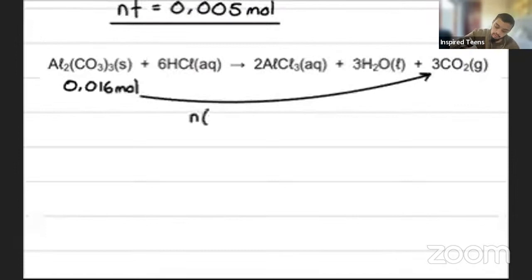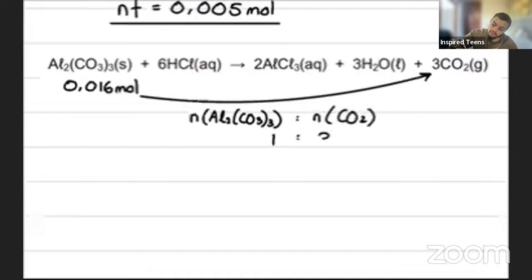So we compare the moles of Al2CO3 to the moles of CO2. This is a 1:3 ratio.